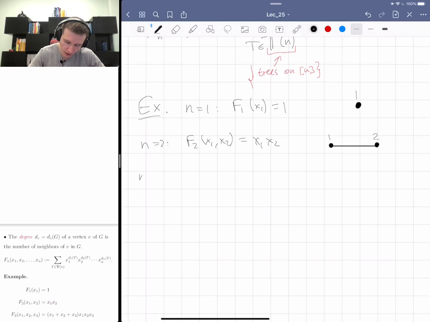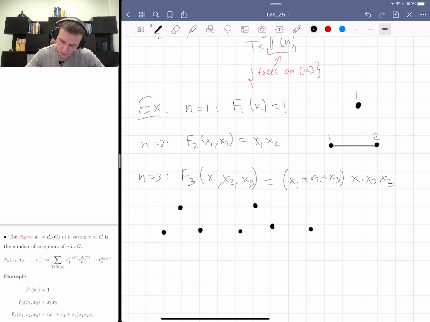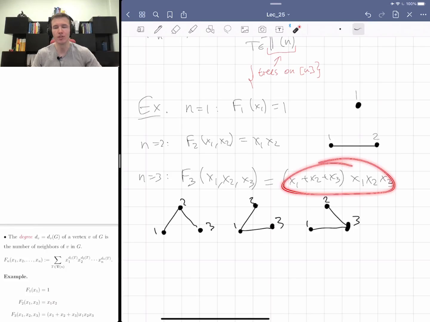The next one was already kind of tricky but manageable: f3 of x1 x2 x3, and the answer was x1 x2 x3 times (x1 plus x2 plus x3). This one was also easy. You have 3 possible trees, and their degrees contribute these monomials.